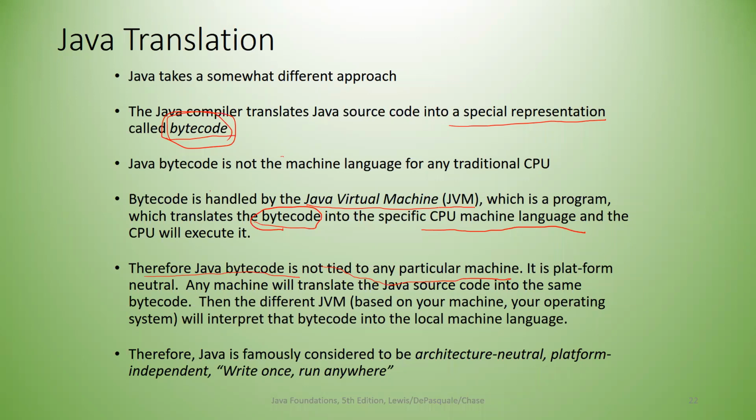If you write it on the Apple machine, you have to write it one way. If you write it on the PC, you write it a little bit differently. If you write it on a Linux machine, a Unix machine, you write it a little bit differently. Why? Because they have different CPUs. Okay, that's the difference. Versus Java, you write it exactly the same anywhere, and it can run anywhere.